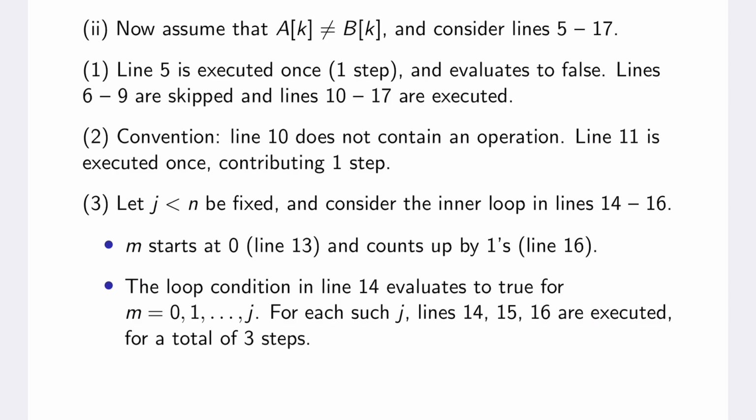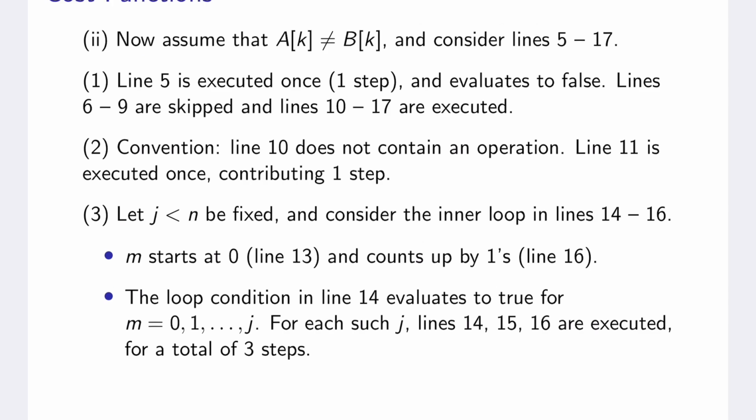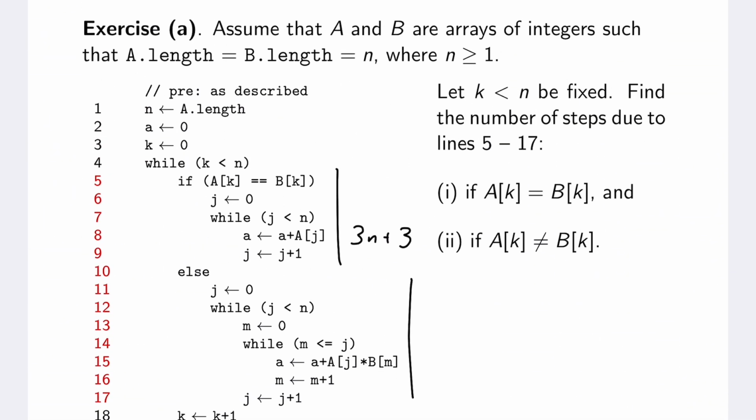Okay, so next up, we're going to assume that for any given k, A[k] does not equal B[k], and consider lines 15 to 17 again. This if statement is evaluated once more, and it evaluates to false, so we ignore this much.